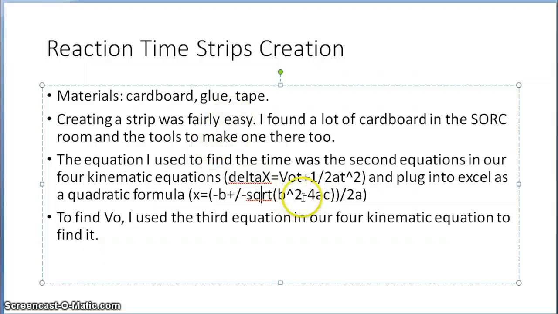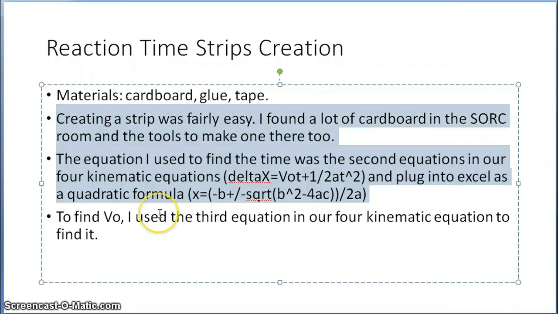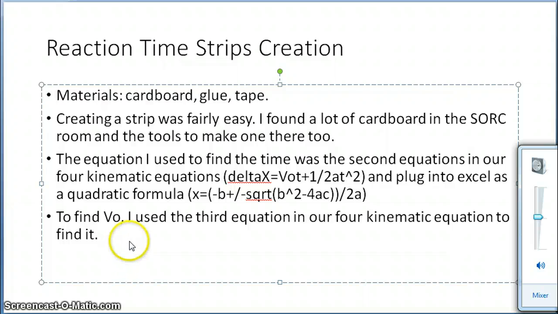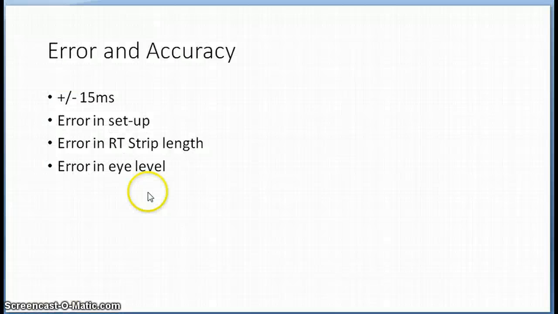So to put it in Excel, I use this quadratic formula to find x, which is the time, and for the different d values, they have different initial velocity. So I use the third equation to find their initial velocity, and then put it back in this second equation to find the time.